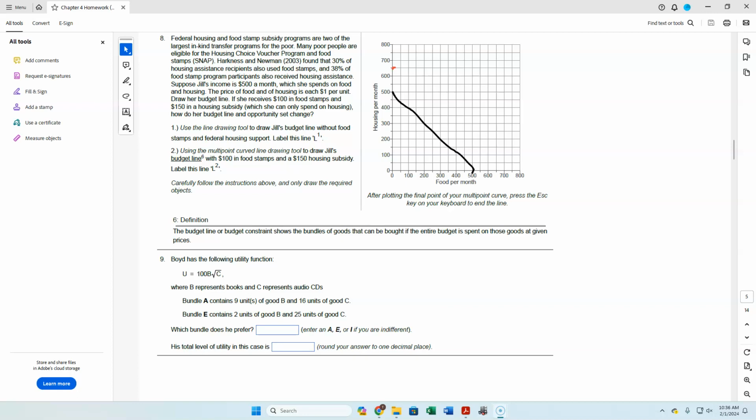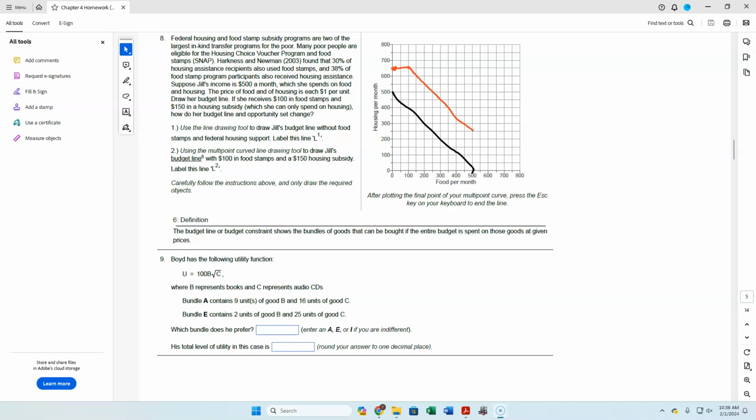So now it would start here. And then reflecting the food stamps, she gets, what is it, 100? Yeah, 100. And so that's 100 in food stamps. So no matter what, she has to spend 100 in food stamps. Then it's going down, same slope at 1-to-1.